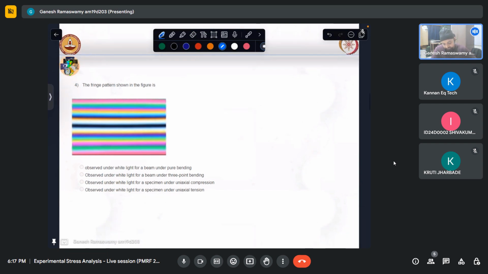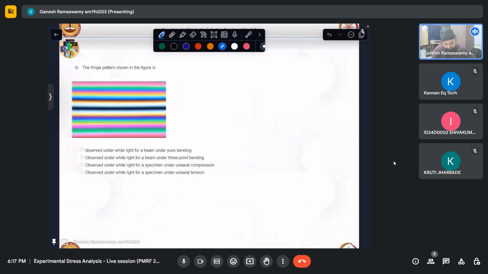The fringe pattern shown in the figure is which of the following? Observed under white light for a beam under pure bending. So one thing that is common among these options is that it is observed with white light. Now, why is that important?